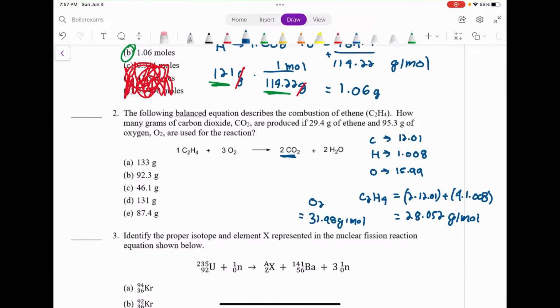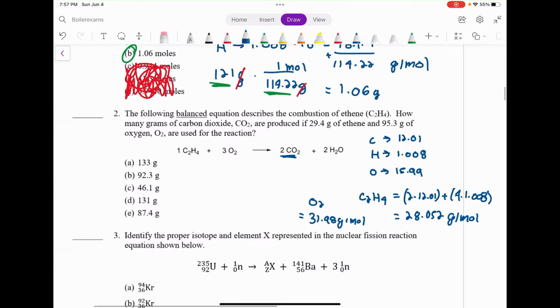Now, they give us grams of how much each are reacting, so let's figure out how many moles we're going to have. So we have 29.4 grams of ethane. I'm going to say E, times 1 mole per 28.052 grams.